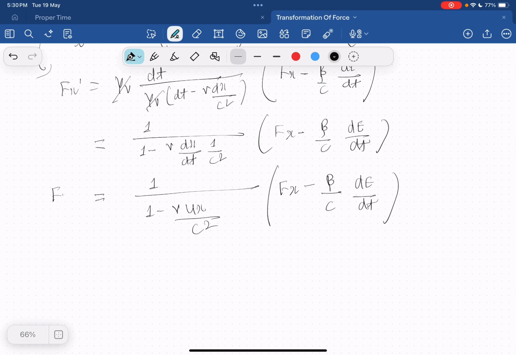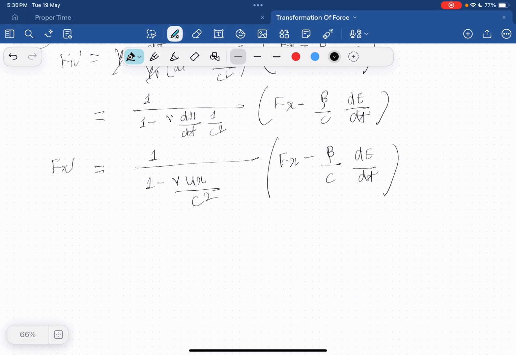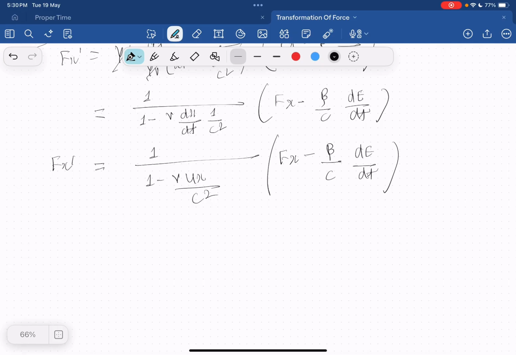So finally the expression of fx prime in terms of fx comes out to be this.